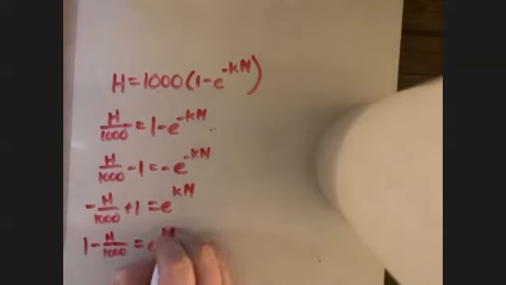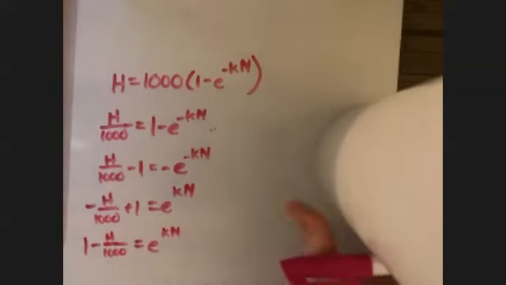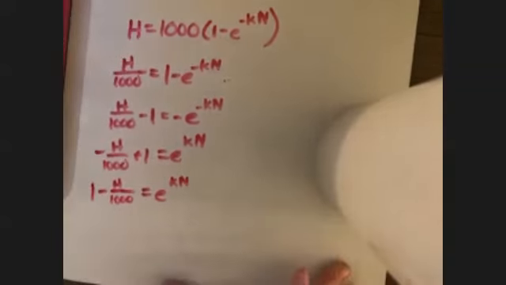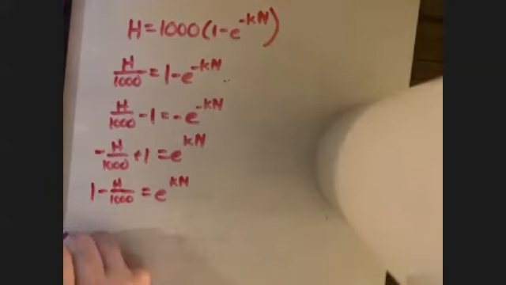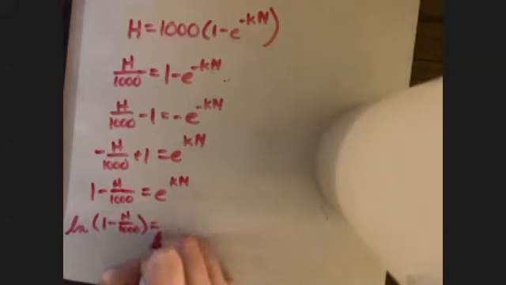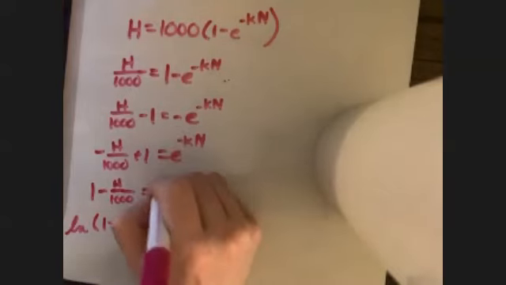Now, just for the sake of making this a little bit cleaner, I'm going to put the 1 up here in the front of this so that it leads with a positive number. Now, I need to get rid of the e over here, so we're going to bring natural log into the picture. Sorry, there's still a negative up in the top end of these.